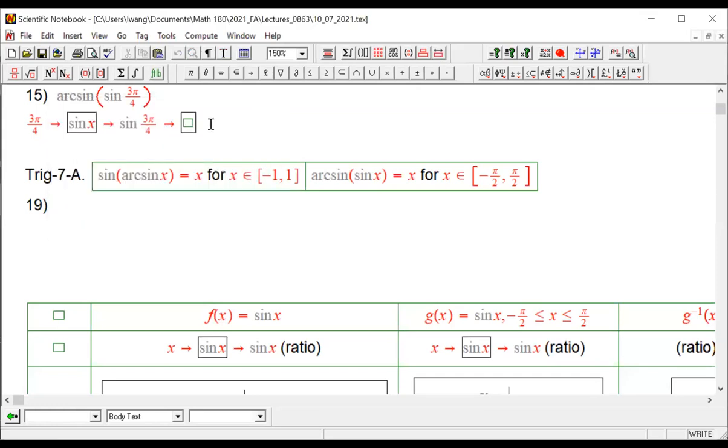Do you guys see that? It's in the domain of ArcSine because this is between -1 and 1. So it will produce an angle, and this final angle is going to be between -pi/2 and pi/2. So it works perfectly in each other's domain.